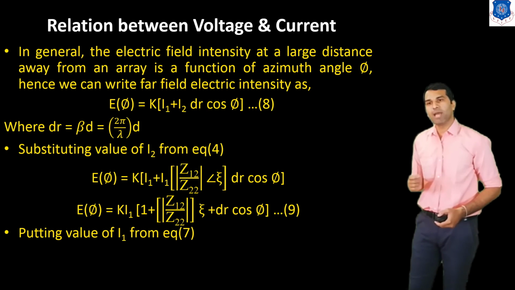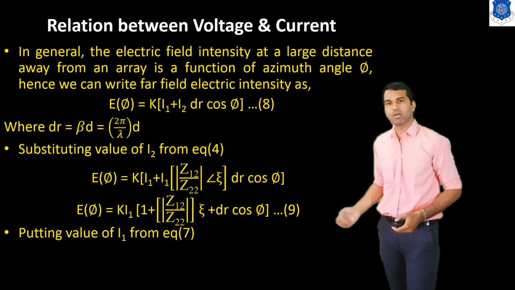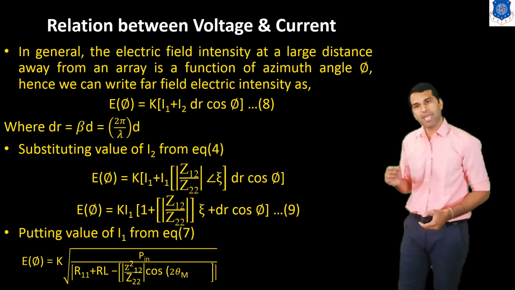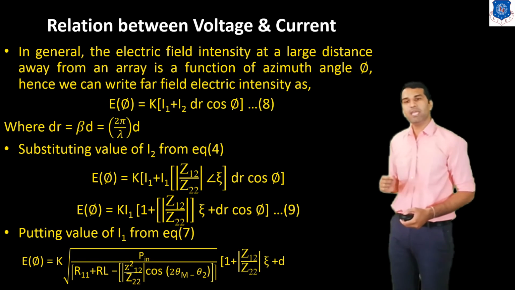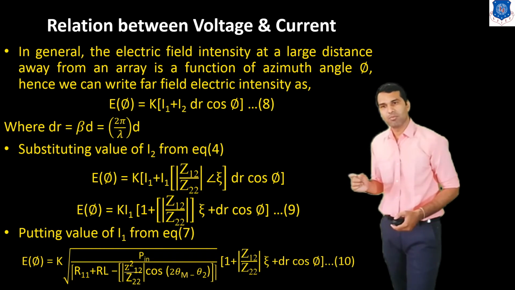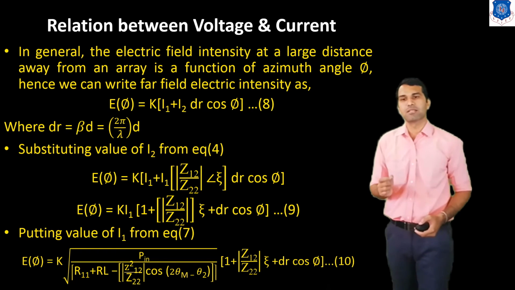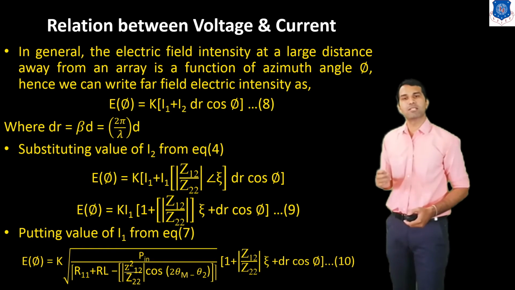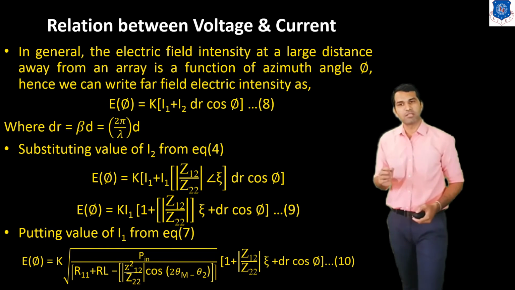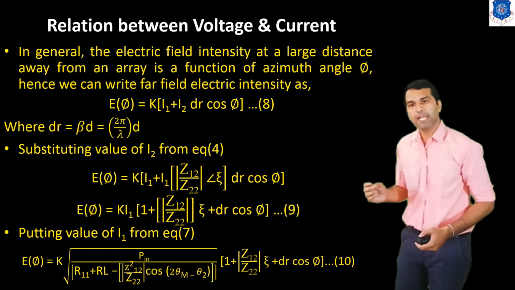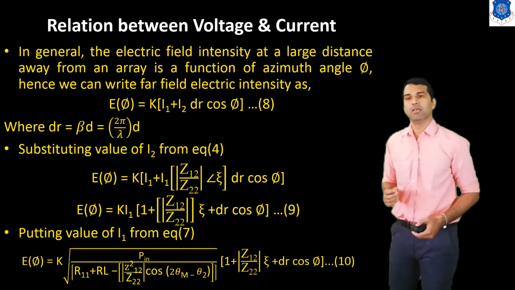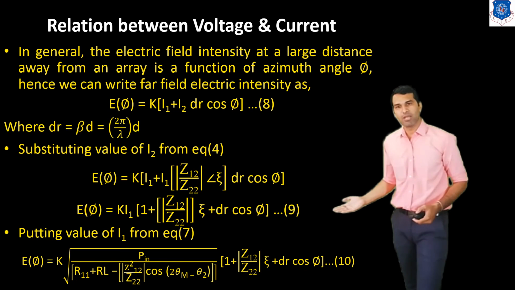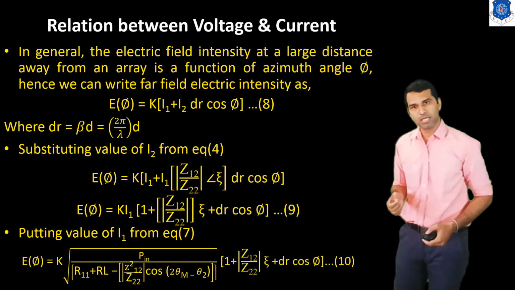Now putting the value of I1 from equation number 7, we get E phi equals K under root of Pin upon R11 plus R1 loss minus Z12 square upon Z22 cos 2 theta m minus theta 2, into 1 plus Z12 upon Z22 angle eta plus dr cos phi.